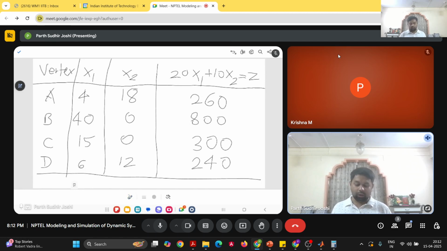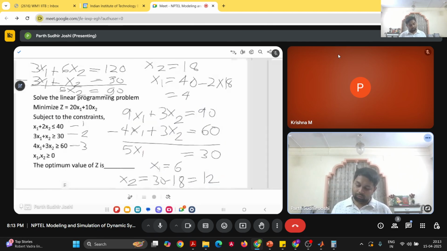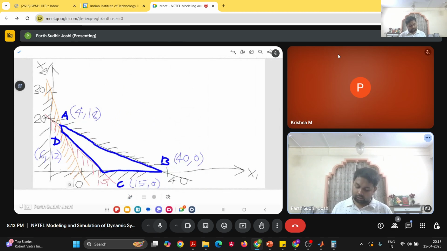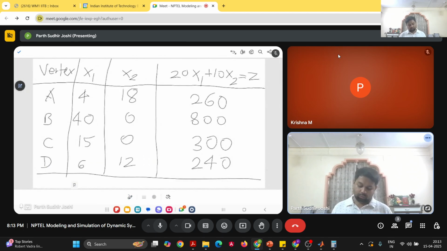So we now have tabulated the value of the objective function for all these four vertices, and the objective of the problem is to minimize z equal to 20x1 plus 10x2. Out of these four vertices the minimum objective function value is for vertex D, which is 240.